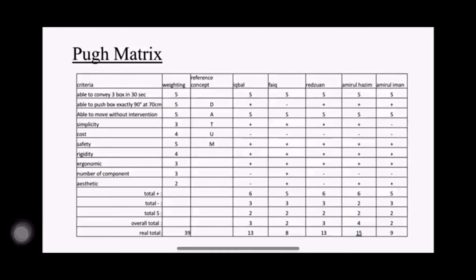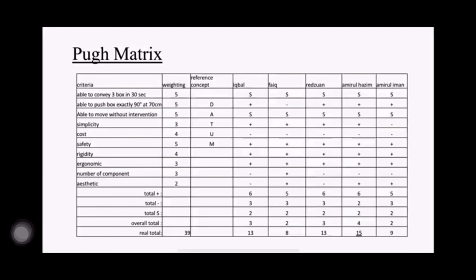The modified designs that we showed just now will undergo a second evaluation matrix known as the pure matrix. There are slight differences between the first matrix and the pure matrix. For the first matrix, all 5 concepts are compared with each other to find a winner. But for the pure matrix, the first matrix winner will be the reference, and all 5 concepts are redesigned to compete with the reference design.